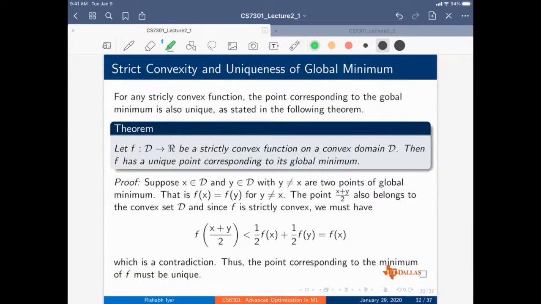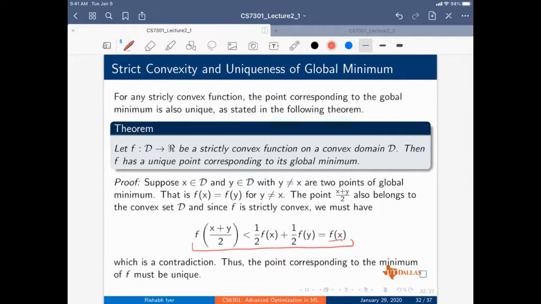And then you essentially use the strict convexity, right? So the strict convexity essentially is that f of x plus y by 2 is strictly less than half of f of x plus half of f of y, right? And now since f of x is equal to f of y, this is nothing but f of x, right? So this contradicts the fact that x and y are both global minima, because now you have x plus y by 2, which is in between the two, which is strictly less than f of x.